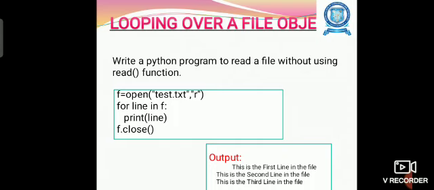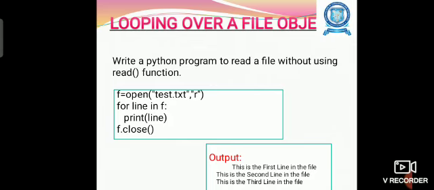So the first time, the line will get the first line from the file. So this is the first line in the file. Here we have to think about one more thing: how many times will the for loop get executed? It is based upon the number of lines present in the file. As per our file having 3 lines, the for loop gets executed 3 times.